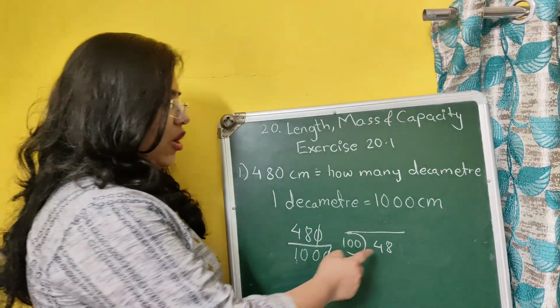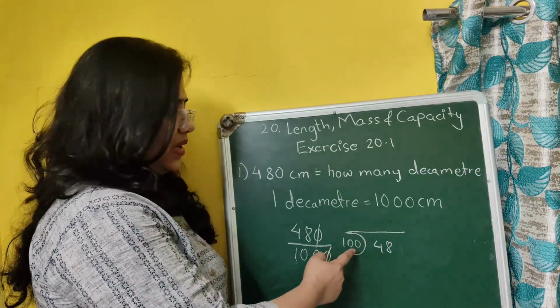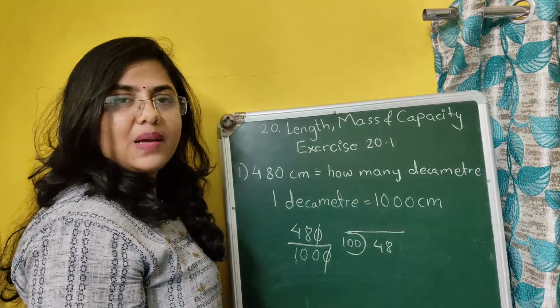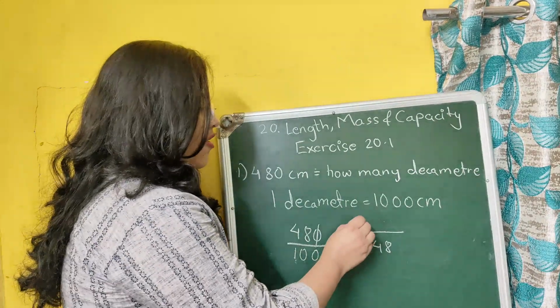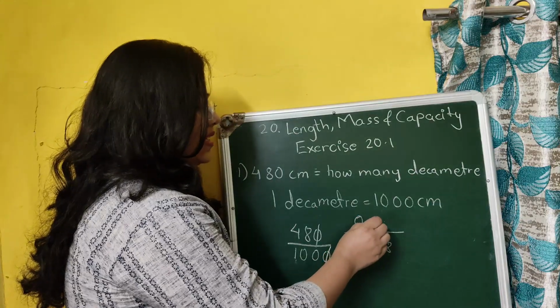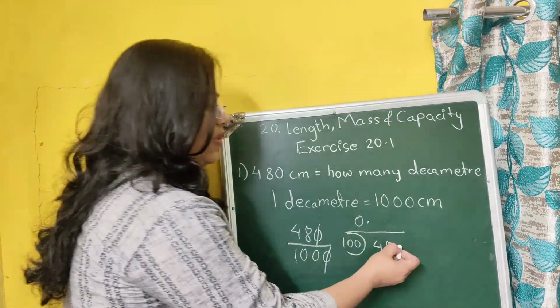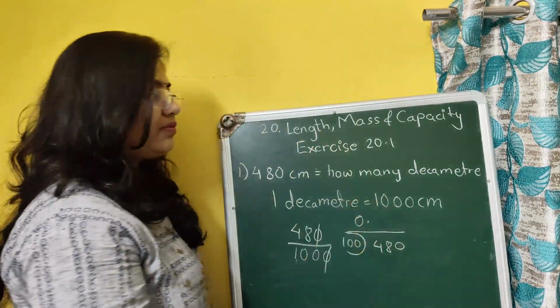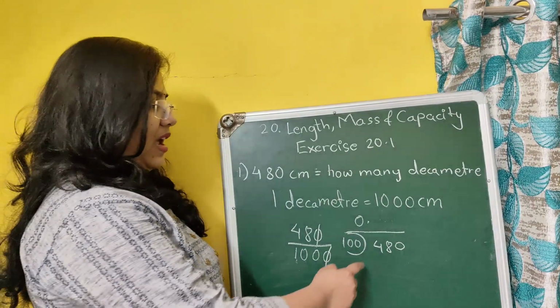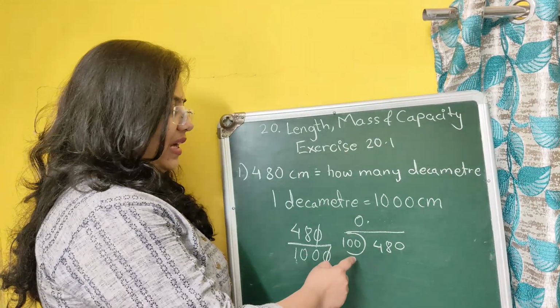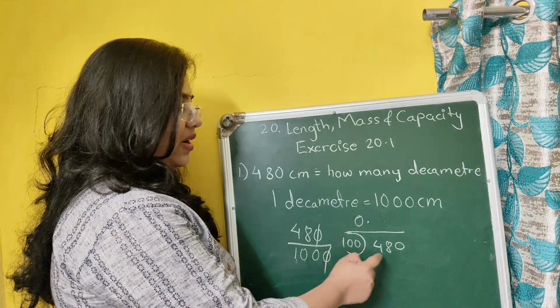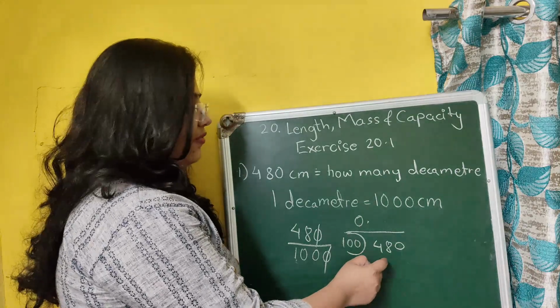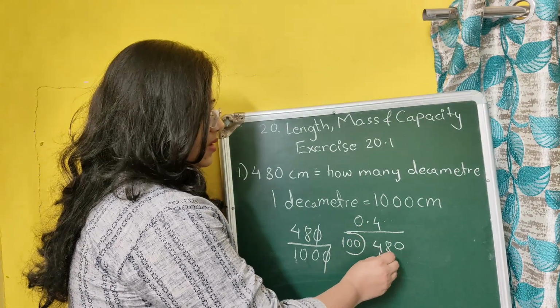After that, we all know that 48 is a smaller number and it is not there in the hundreds table. So firstly we will add a 0 and a decimal point, because we need to add a 0 here. And then in the table of 100, we have 400 at 4's place.